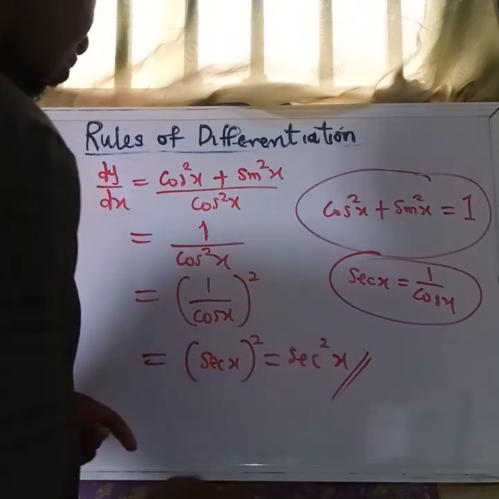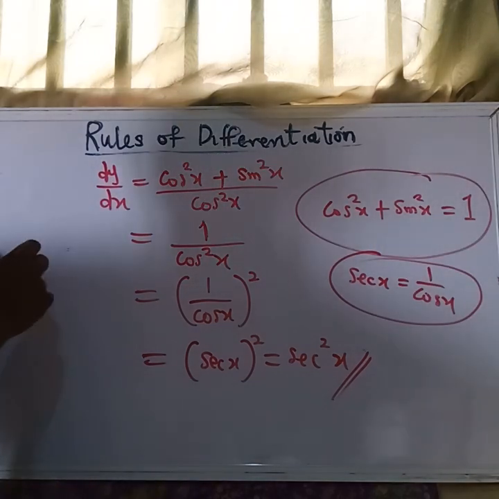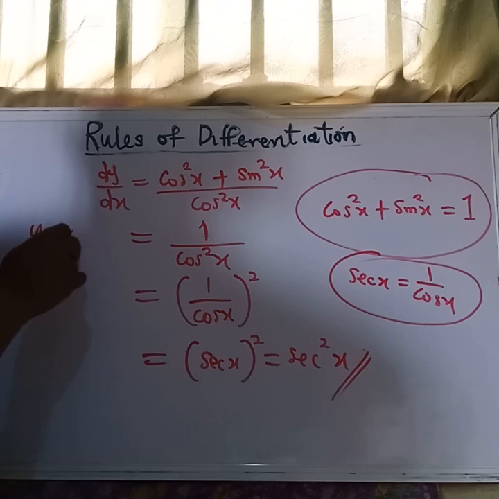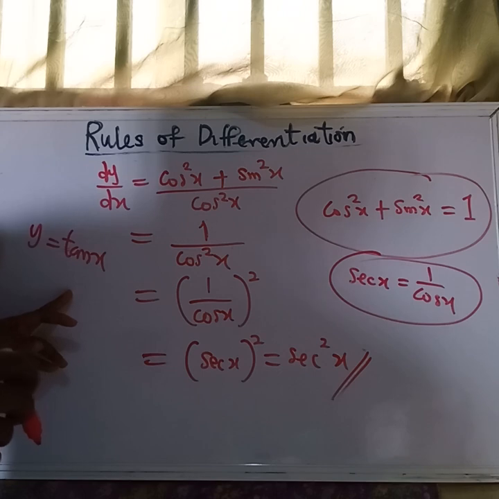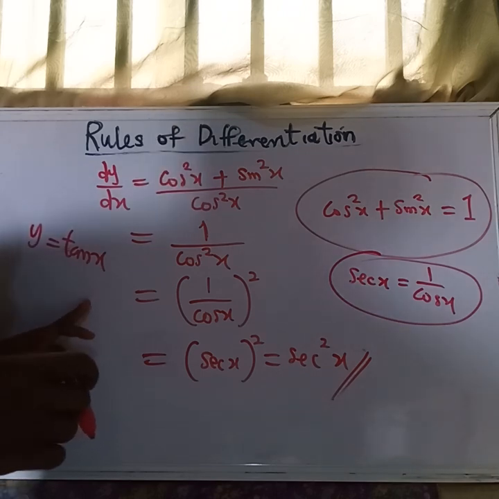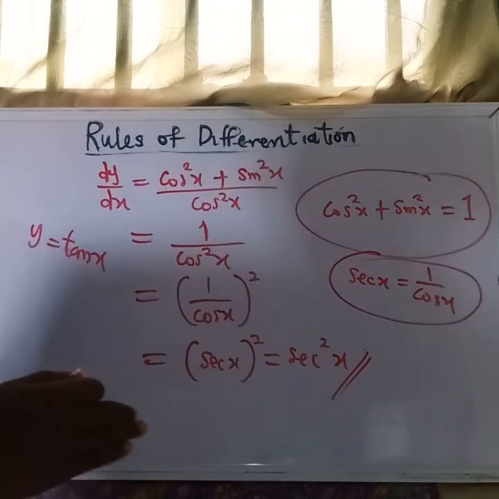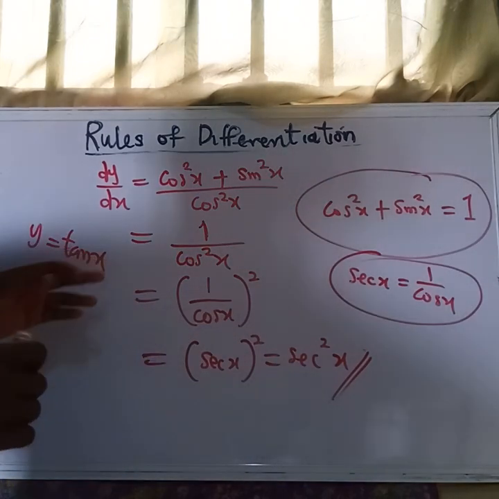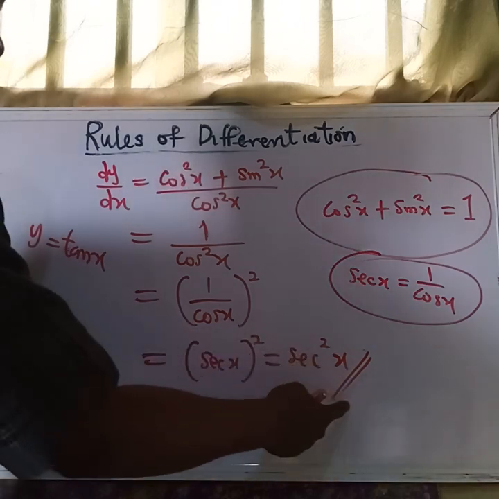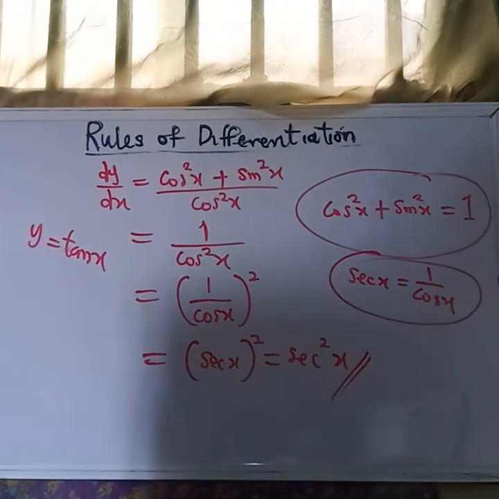So what we are saying is that if we have the function tan x, for which x is not pi over 2, 3 pi over 2, and including negative pi over 2, negative 3 pi over 2, etc., we can have the slope of this, for the same domain, as this. So that is what we have done here.